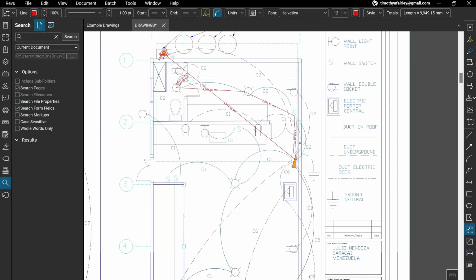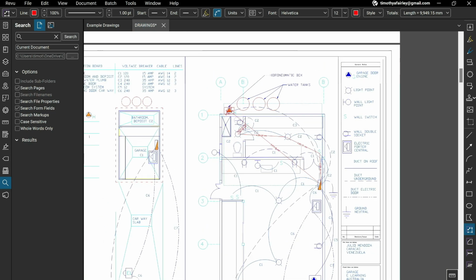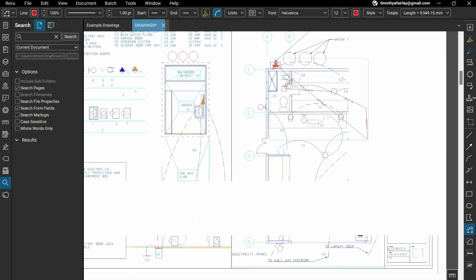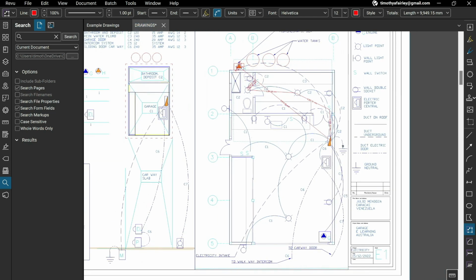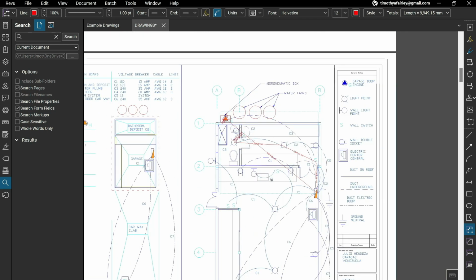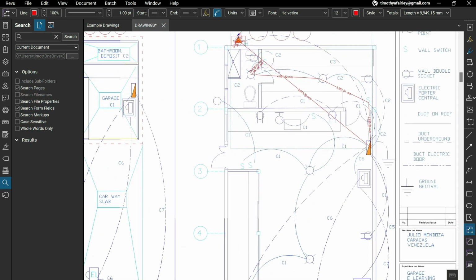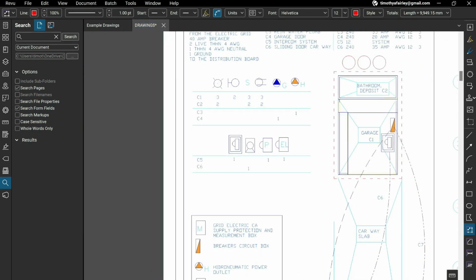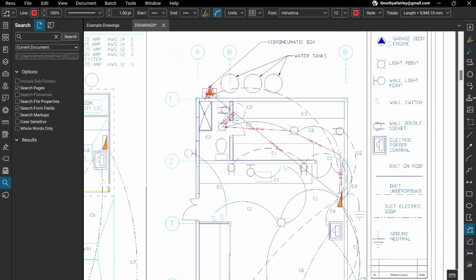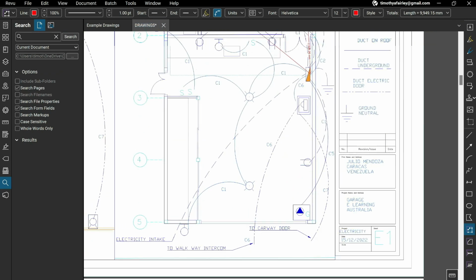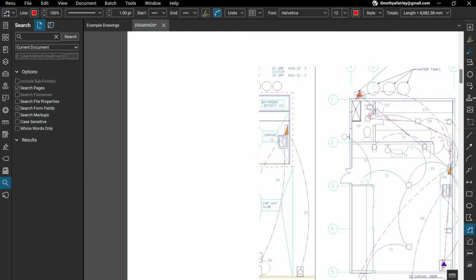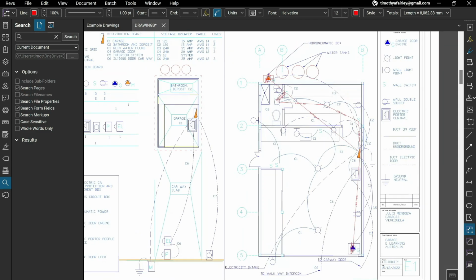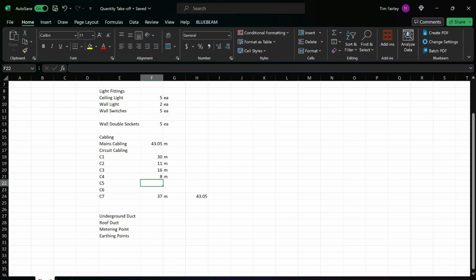C4. Next for C4, which is the garage door engine. So it's that one. Which they've labeled it C5. I think it's wrong. 7.9. So go at 8 meters.